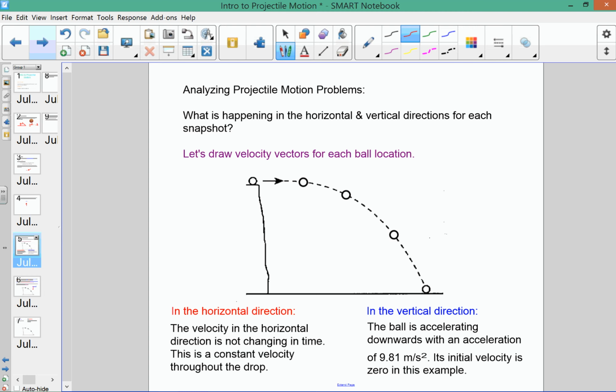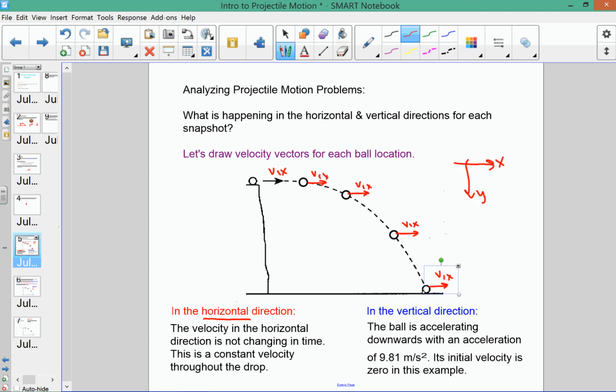Because there's no acceleration in the x direction, so we're neglecting air resistance, the x component of velocity will be exactly the same for every single snapshot. So for every single snapshot, you can just draw on a vector that is identical to every single other vector, and the magnitude is v1x, what it started with.